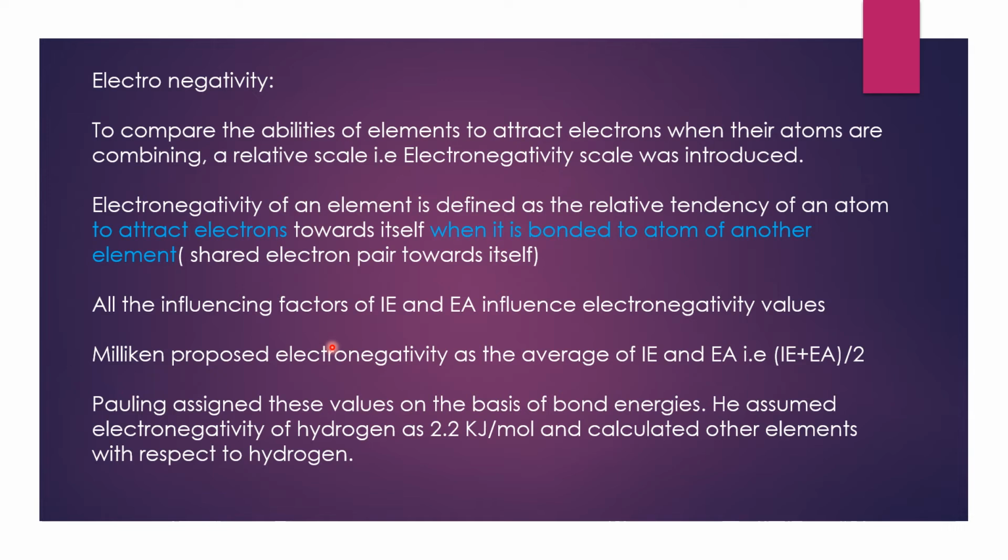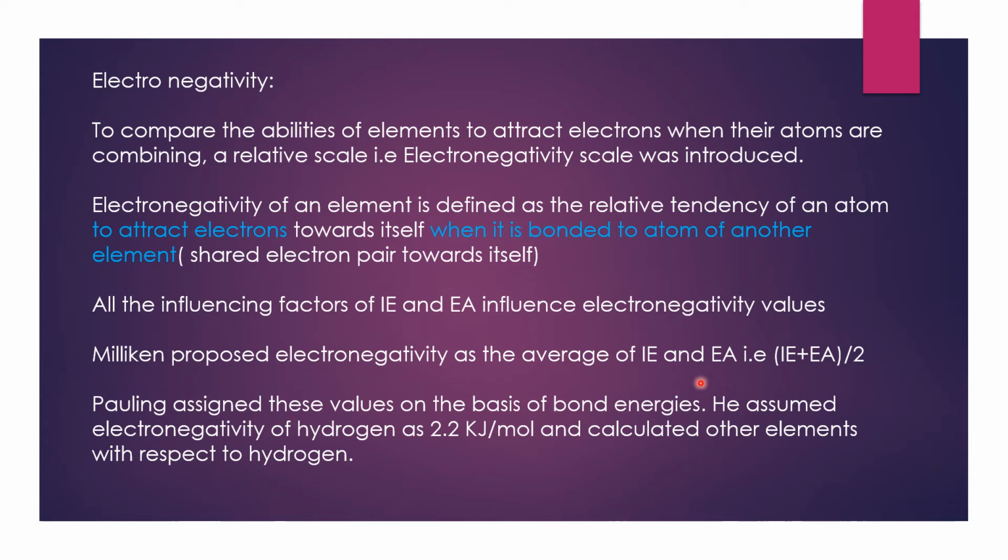All the factors influencing ionization energy and electron affinity also influence electronegativity values. Millikan proposed electronegativity as the average of ionization energy and electron affinity, because this is related to the amount of energy liberated and the tendency of the atom to attract.